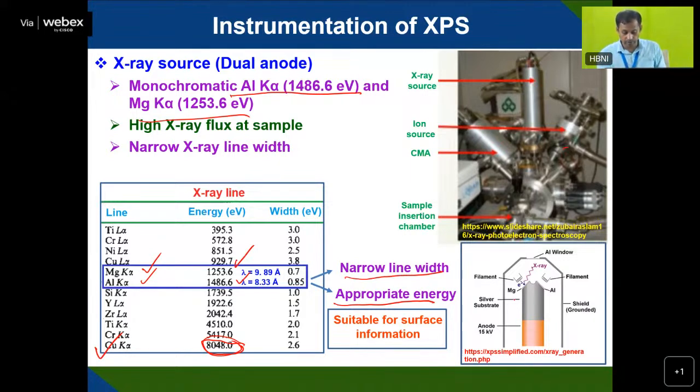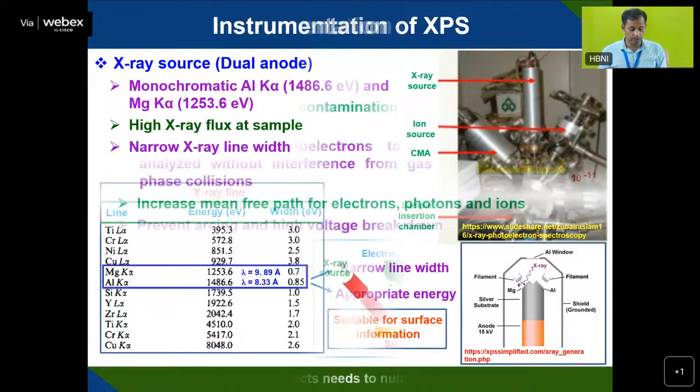You can see here the magnesium aluminum anode, the filament on the top surface, and the silver substrate and anode substrate. This way mainly magnesium and aluminum is used in XPS over other techniques, because of the narrow line width and appropriate energy.